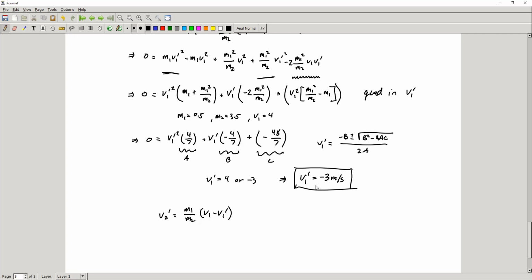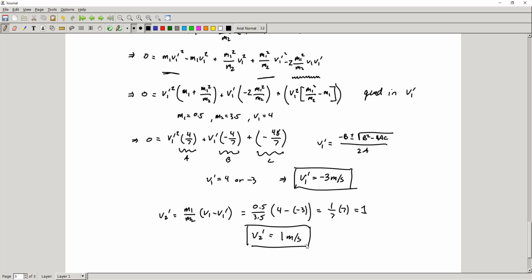We just solved for v1 prime, and if we substitute it, we end up finding that's 1/7 times 7 equals 1. So we end up finding a v2 prime equal to 1 meter per second.